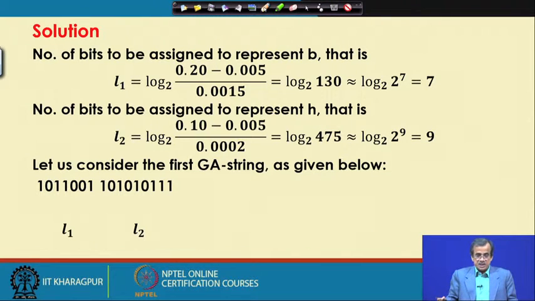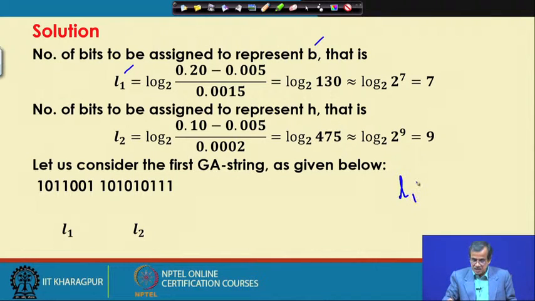So, we will have to find out how many bits to be assigned to ensure the precision level in the value of B. We have already discussed how to find out the number of bits to be assigned. Supposing that L1 number of bits are to be assigned to represent B, using this mathematical expression, L1 is nothing but log base 2 of B maximum minus B minimum divided by epsilon.